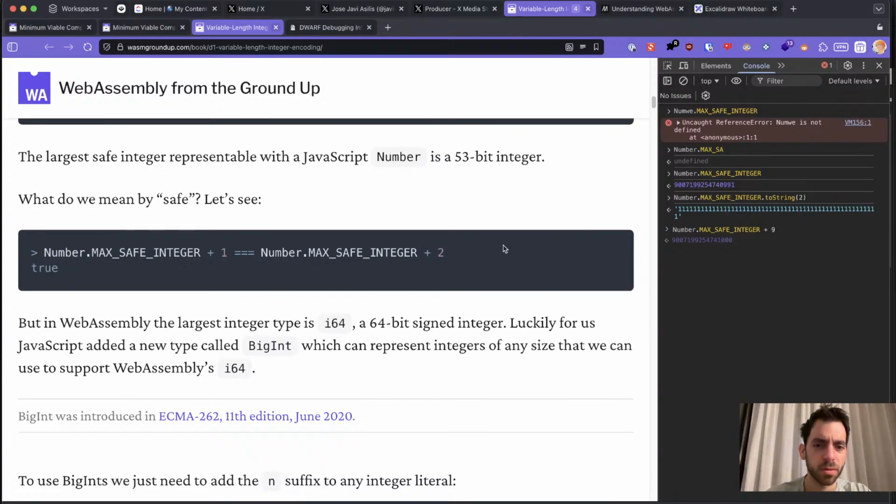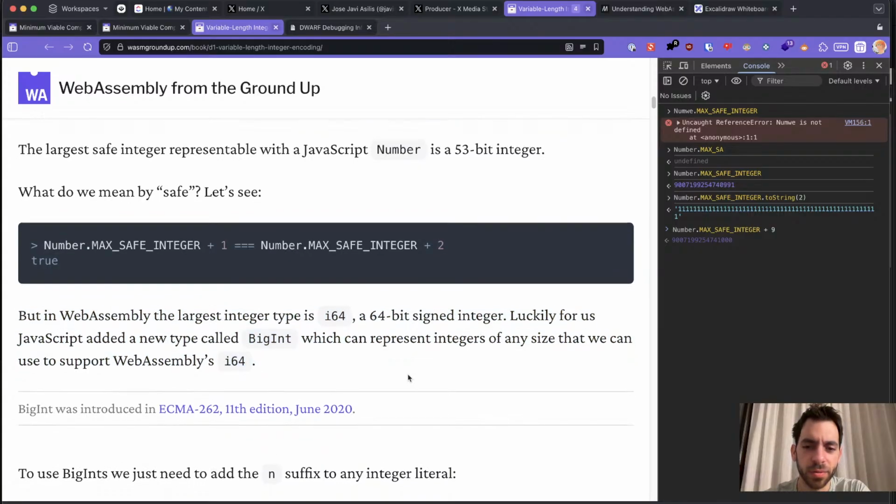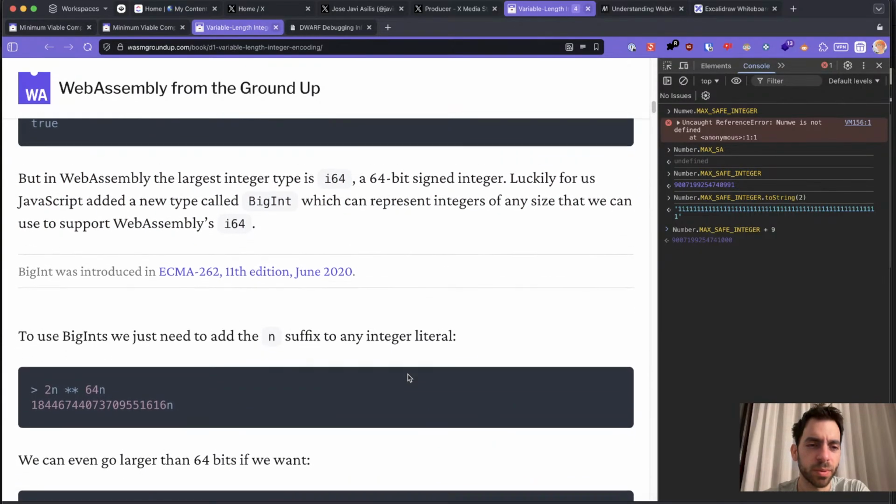Interesting. But we have a single largest integer type, I64, a 64-bit signed integer. Luckily for us, JavaScript added a new type called BigInt, which can represent integers of any size. We can so use it to support WebAssembly's I64.